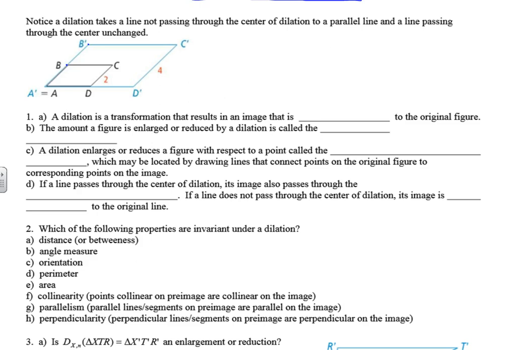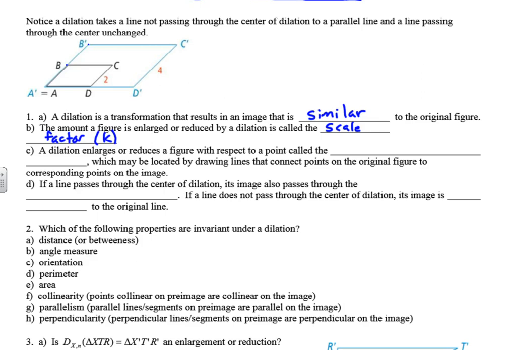So a dilation is a transformation that results in an image that is similar to the original figure. The amount a figure is enlarged or reduced by a dilation is called the scale factor. Again, the scale factor, we use the letter K to represent that.